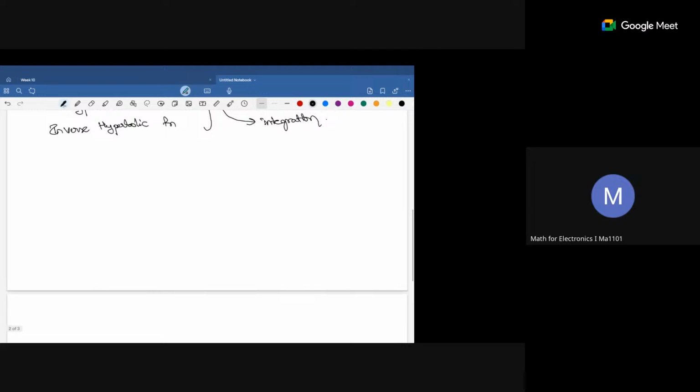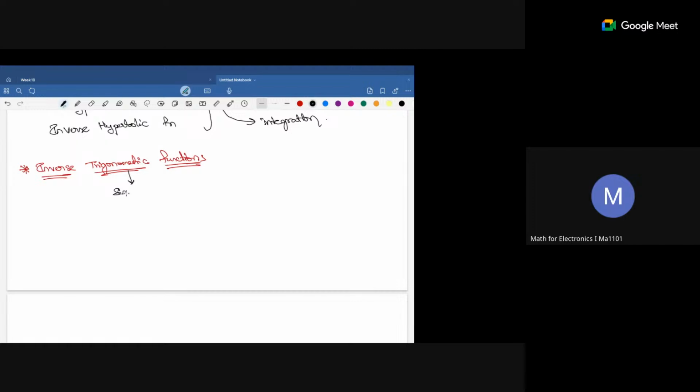Let's start with what type of functions are called inverse trigonometric functions. Trigonometric functions we know. What are they?